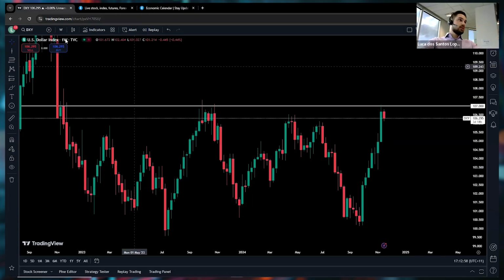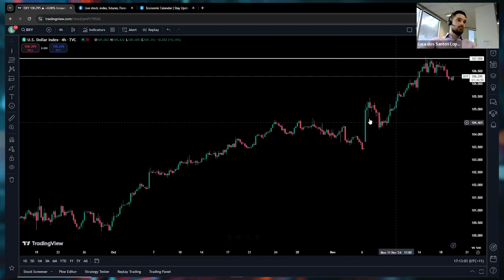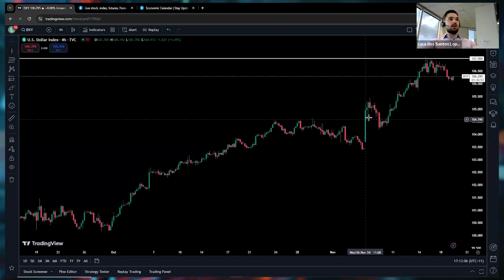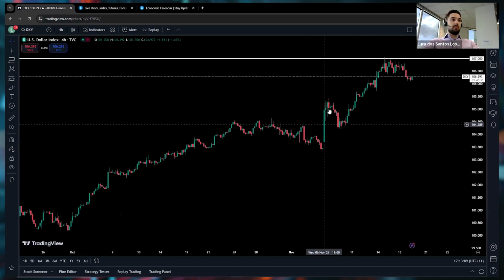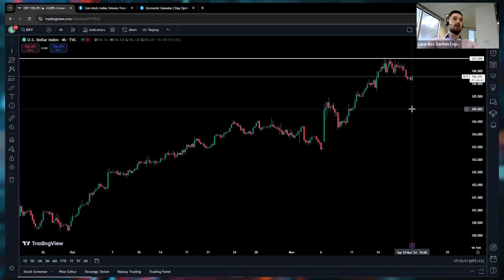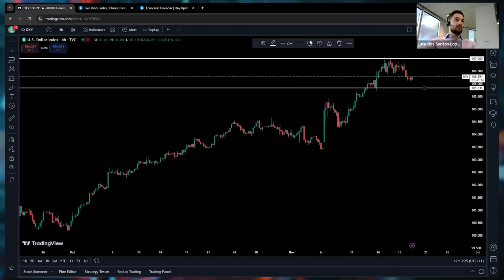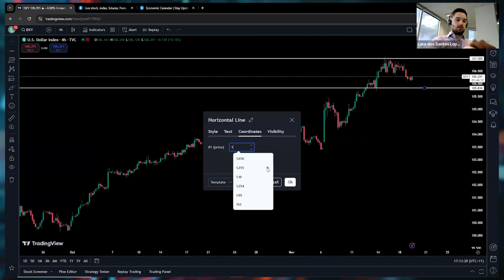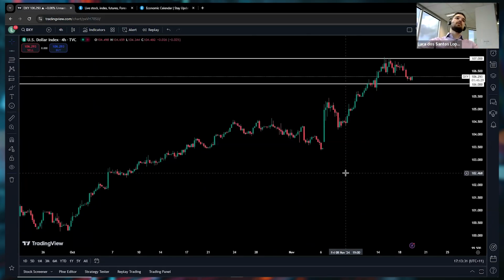If we go to the 4 hour, we can see on the 6th of November a huge move up on the Trump election, which then came down and continued to go higher, reaching the 107 mark. I had made clear my targets were 106 and then 107. Really interesting how market movements are going at the moment.